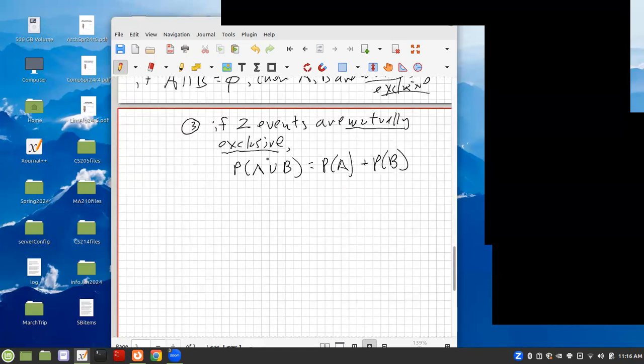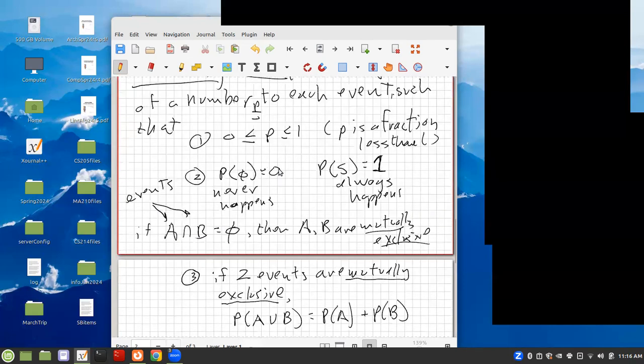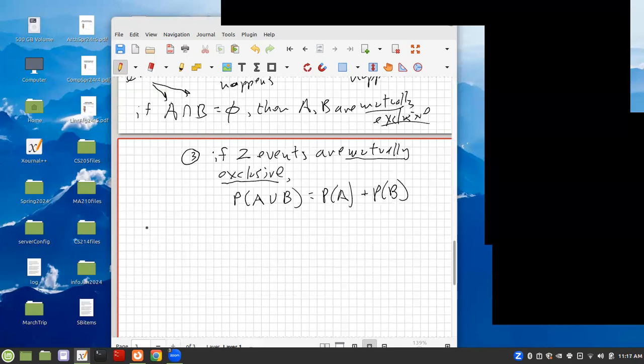One of the consequences of this is if you summed up all of the probabilities for the simple events, right? Because the sample space S equals simple event one, simple event two, simple event three, up to simple event n.